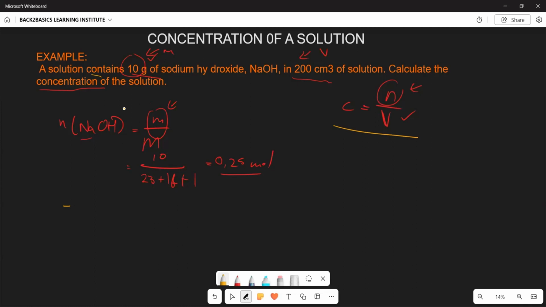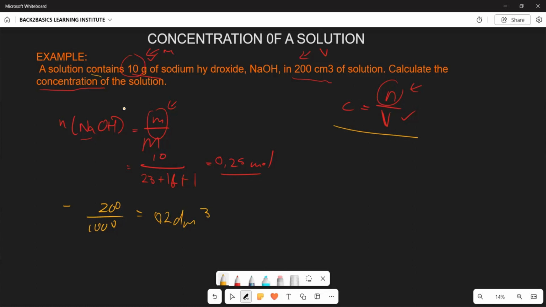Now what we know is that your solution is always measured in decimeter cubed. So firstly, we are going to take this 200 and divide it by 1,000 so that we can have it in decimeters. So this is going to be the same as 0.2 decimeter cubed.